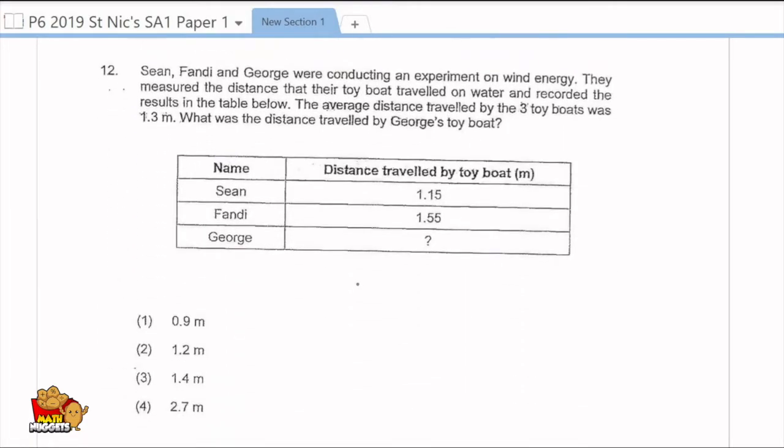Question 12. What was the distance travelled by George's toy boat? We know that the average is 1.3. Okay, so if we know the average is 1.3, from average we can find total. So let's find the total.